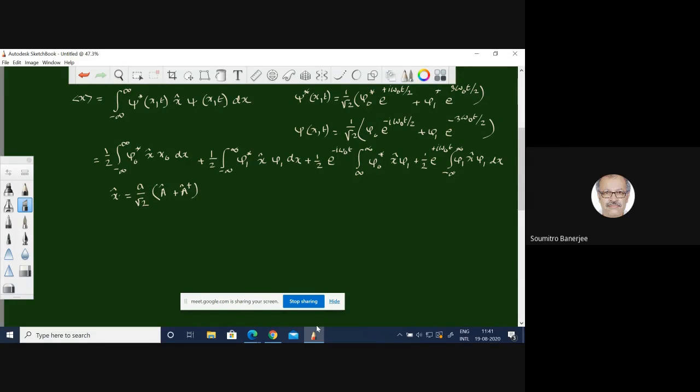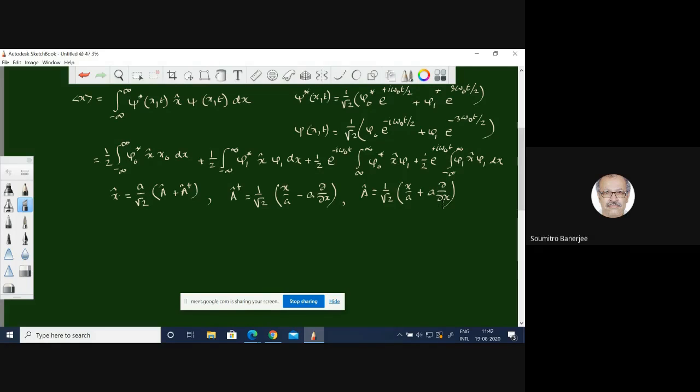But we know what the raising and lowering operators are. The raising operator is 1 by root 2 times x by a minus a, and the lowering operator is 1 by root 2 times x by a plus a.